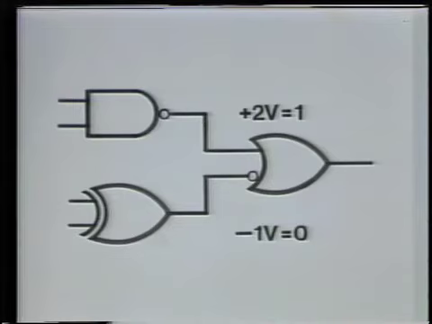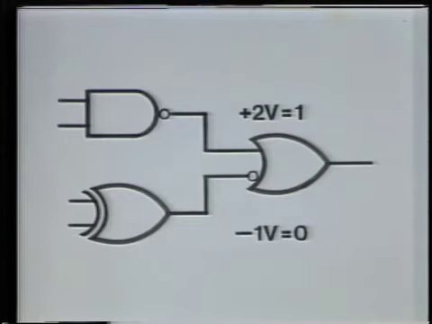Now we have to relate these voltage levels to the 1s and 0s that we use when we discuss digital logic. Let's start out by making this statement. When you work with a logic diagram, you should first determine the circuit behavior using 1s and 0s. Once you've done this, you can plug in the appropriate voltages in place of the 1s and 0s.